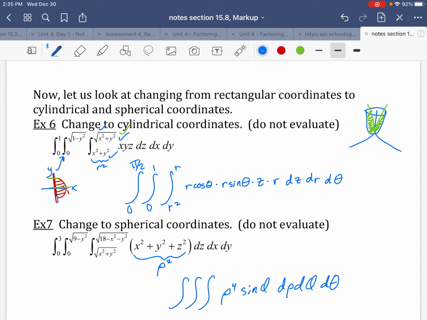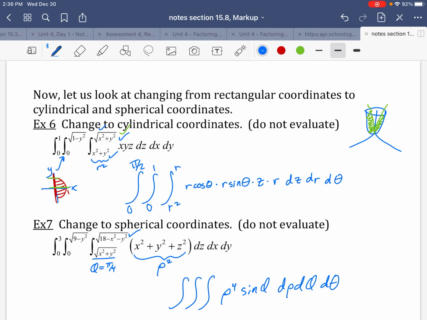Okay, so let's figure out what the rest of this is saying. I have z equals here, so this is going to be a cone, right? A 45-degree cone, so I have phi is pi over 4. And I'm going up to this shape right here. Remember that was z equals that.